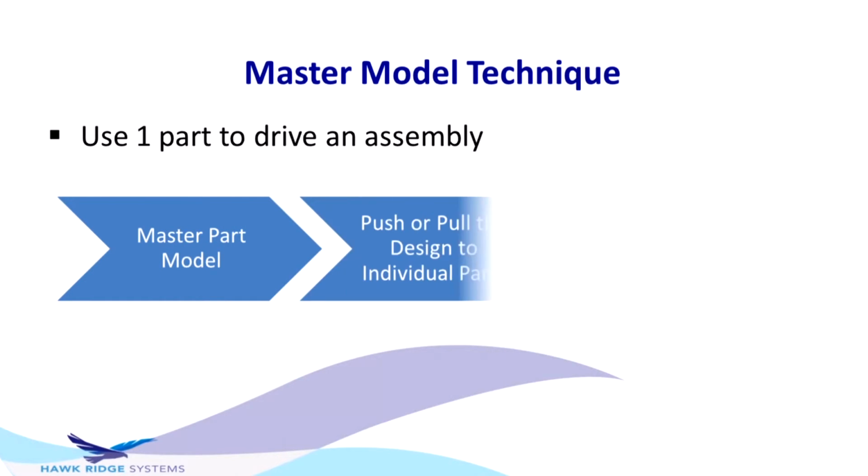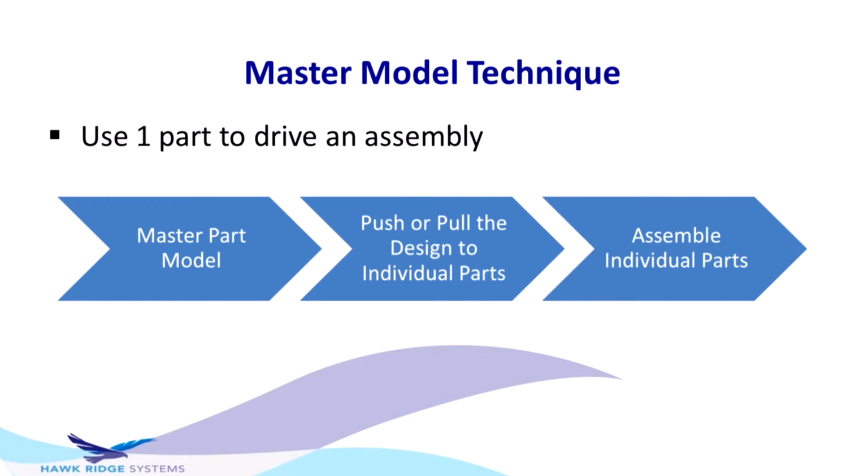It goes from the master part model, and we use push and pull design features to create our subcomponents, and then we'll assemble that into an assembly. So we have one master model, one master part, that controls everything. If I make a change to the master model, it'll make a change to the individual parts and also the assembly as well. So it's very effective for curvy shapes.